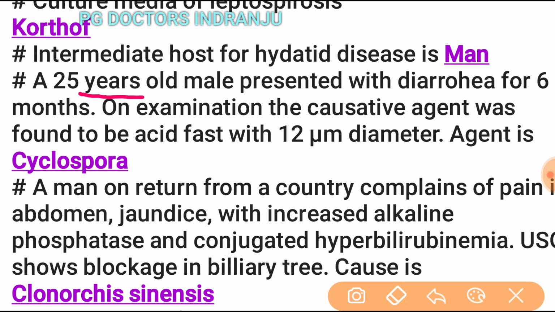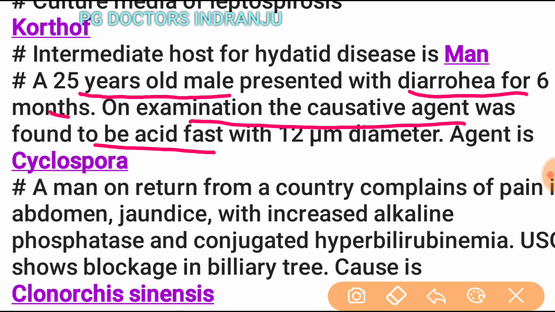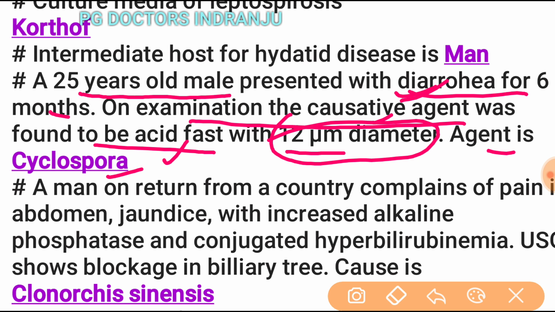A 25-year-old male presented with diarrhea for 6 months. On examination, the causative agent was found to be acid fast with 12 micrometer diameter. The agent is Cyclospora. The features are diarrhea of longer duration, an acid-fast organism, and the size given. All these belong to Cyclospora.